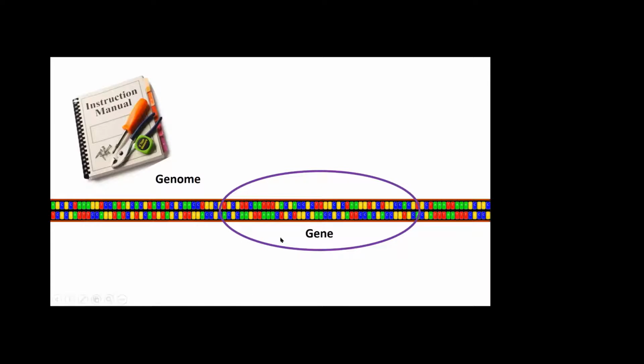And these we call genes. So genes are fragments of the DNA that contain the information necessary to make a protein. And it's the protein that will make what the cell needs to do. So it's the protein that will perform the functions of the cell.